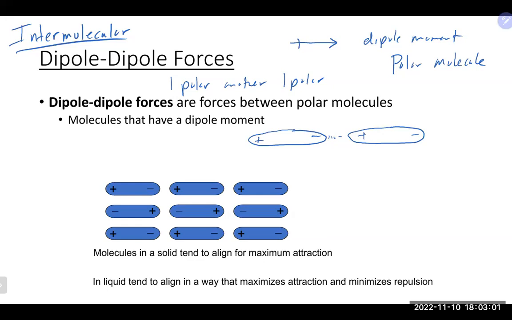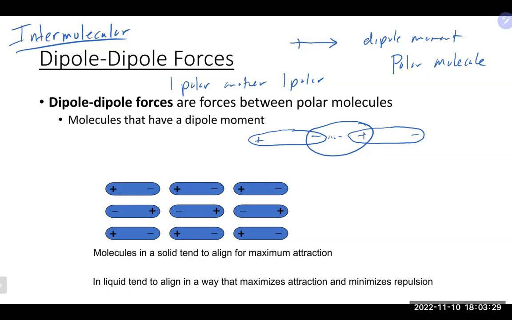Now, in solid and liquid, the molecules really do try to arrange and align themselves to maximize this attractive force between the positive and the negative and minimize the same charges being near each other. But no matter what happens, you are going to get some negatives near negatives and some positives near positives as they all come to align.